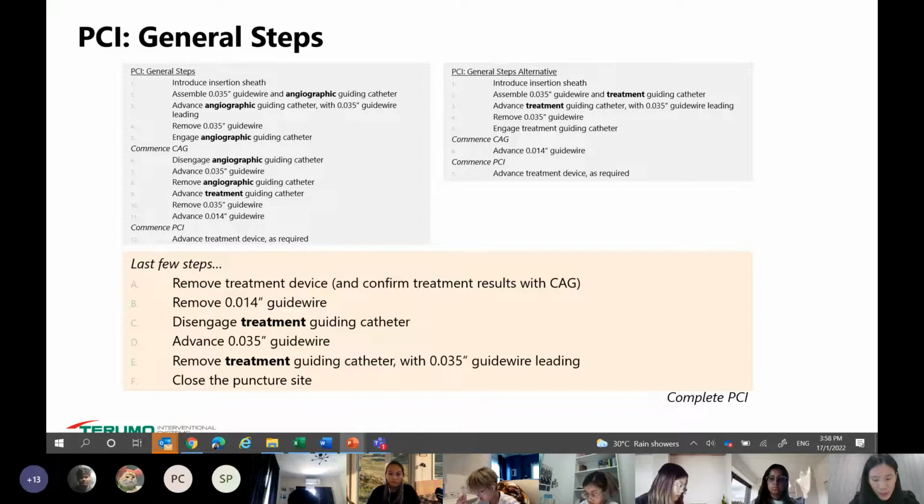On the vessel model, we will give you the experience of the puncture site, how to puncture, and how the guide wire and angiographic catheter should be advanced and moved up a vessel model. This vessel model will simulate the arteries and your heart, coronary artery.